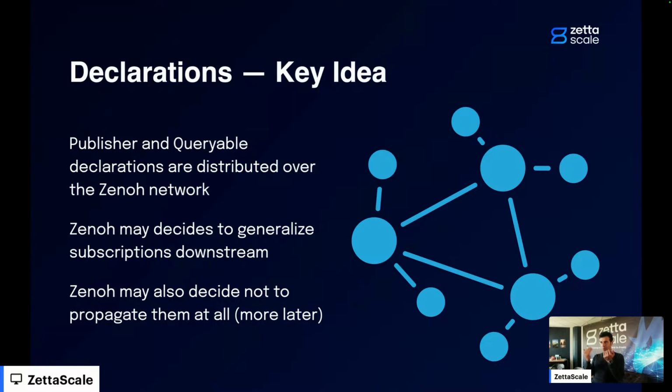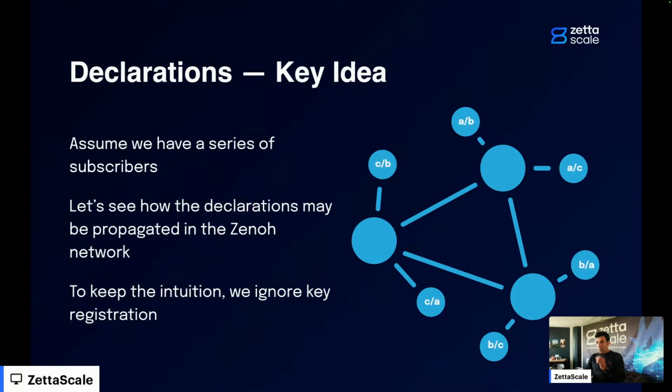But so if we go back to declarations, whenever you declare a publisher or a queryable, declarations are distributed over the Zenoh network. Zenoh might decide to generalize subscriptions downstream, but might also decide not to propagate them at all. And you'll see more later about this.